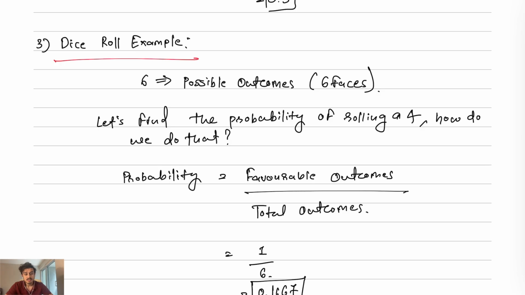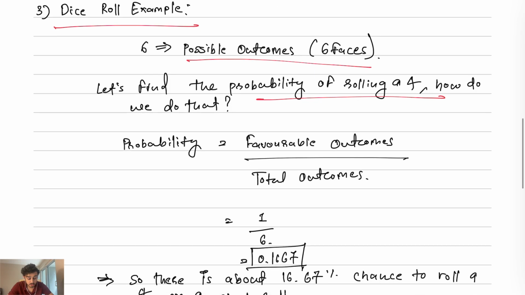Now let's move towards the third point, which is the dice roll example. A dice has 6 faces numbered 1 through 6, right? So 6 possible outcomes. If we want to find the probability of rolling a 4, how do we do that? Again the same formula: probability is equal to favorable outcomes on top divided by the total number of outcomes. If you have a dice in your hand, as we all know, it has 6 sides, so the total number of outcomes is 6.